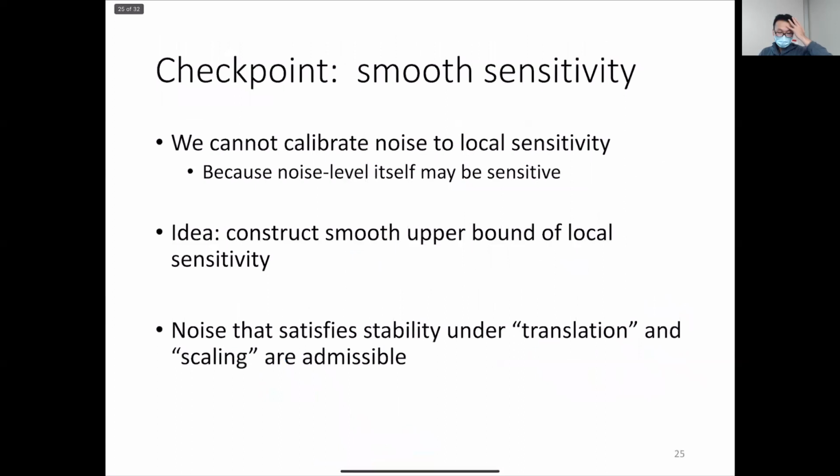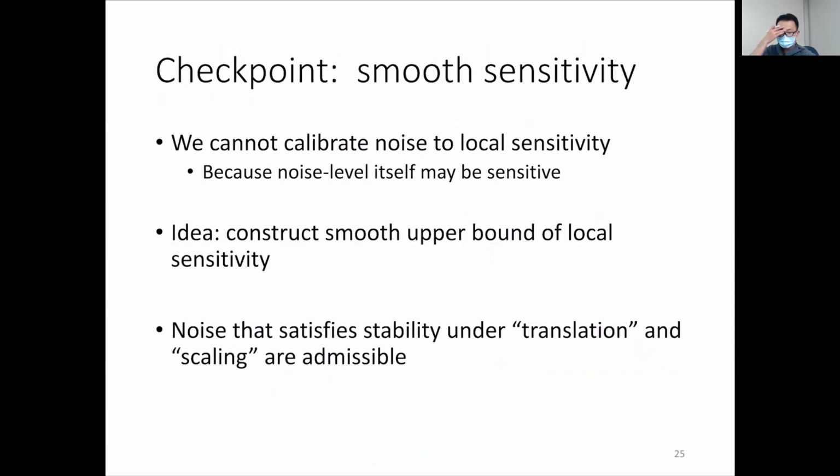Okay, so as a checkpoint, I've talked about smooth sensitivity. The idea is that we cannot really calibrate noise according to the local sensitivity, even though it is great, and we can somehow smoothen the local sensitivity by constructing a smooth upper bound.